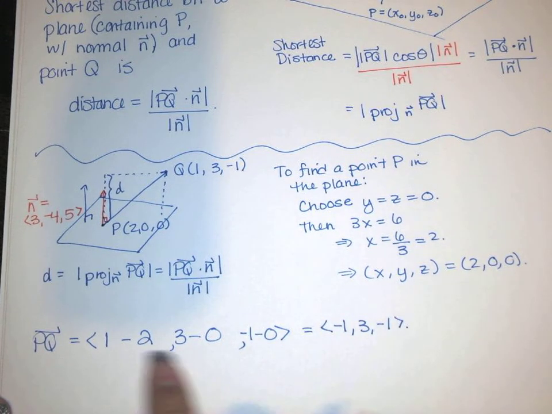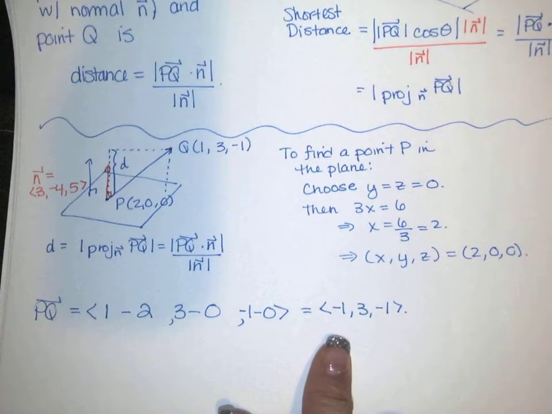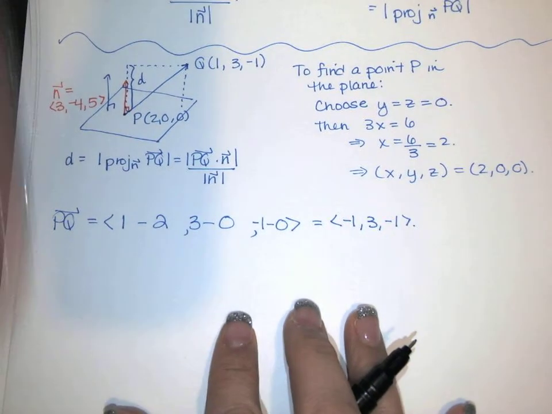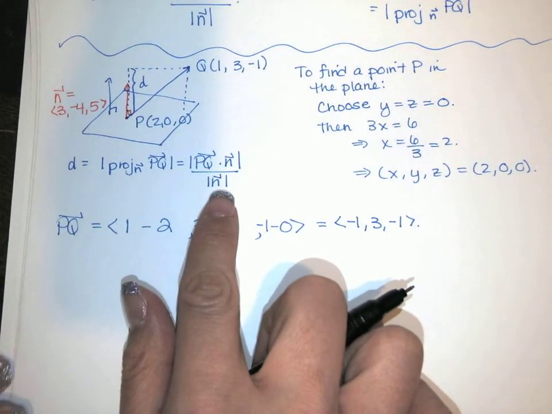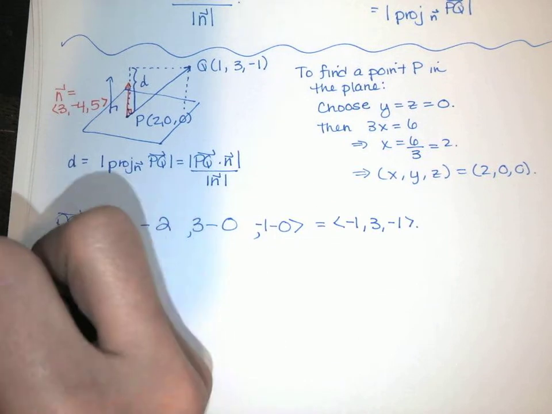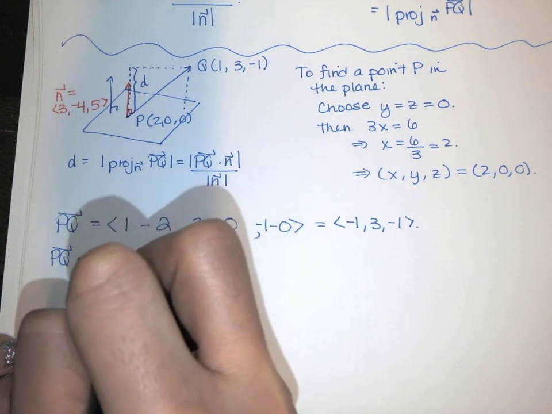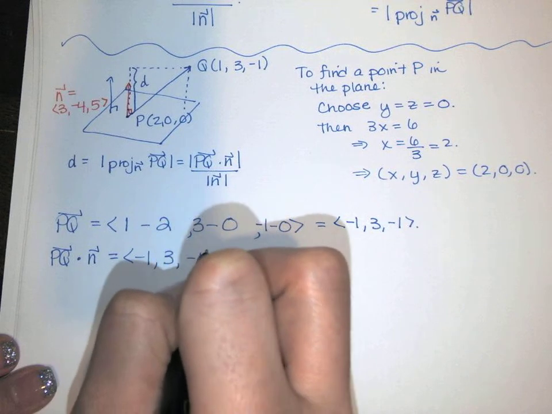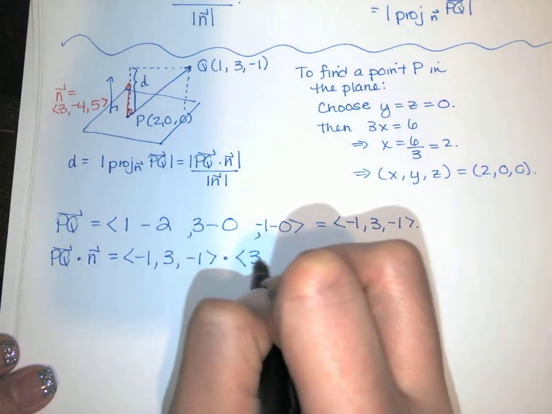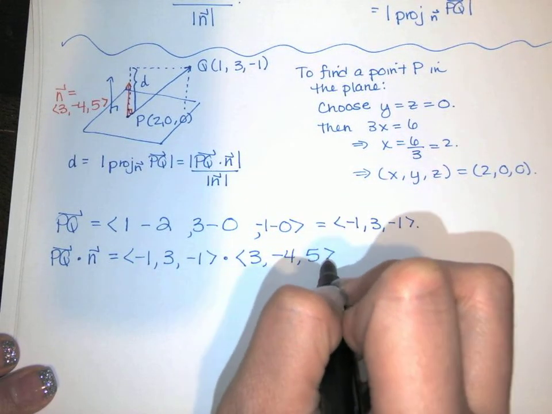All right, now that I have done that, I want to dot it with n. So I've got -1, 3, -1, and I'm dotting that with 3, -4, 5.